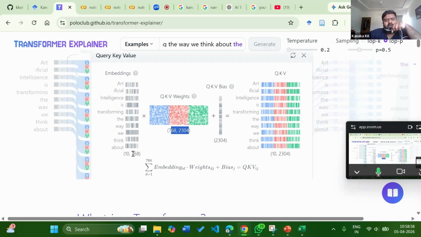The columns of the pre-multiplication matrix should equal the rows of the post-multiplication matrix. Here the columns are 768, which are our features, and in this matrix it is 768. Can anyone tell how this 2304 came here? I was telling about matrix concatenation. Can anyone tell how this 2304 came here?